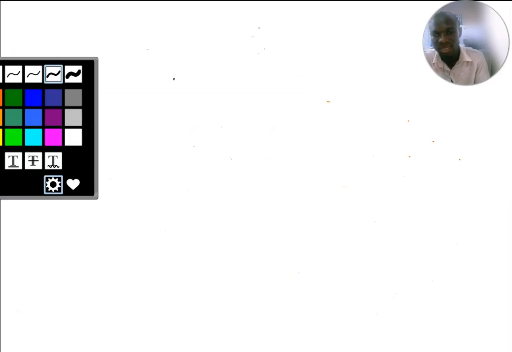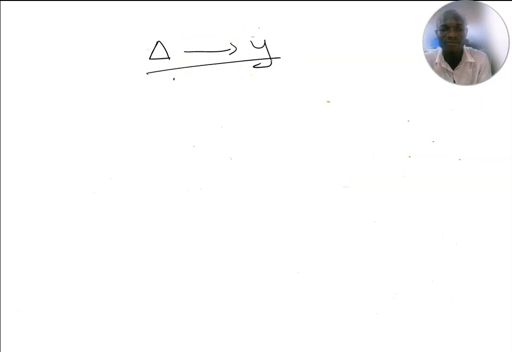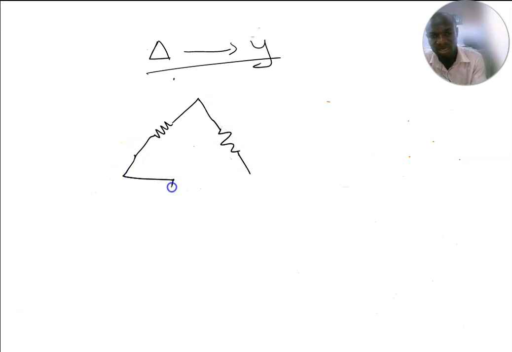First of all, we are going to learn how to convert a delta to a Y. If I have a circuit, part of a network, which has, let's say, delta-based resistor connections, so I have resistors R1, R2, and R3 connected in a delta mode. How do we convert it to a Y?